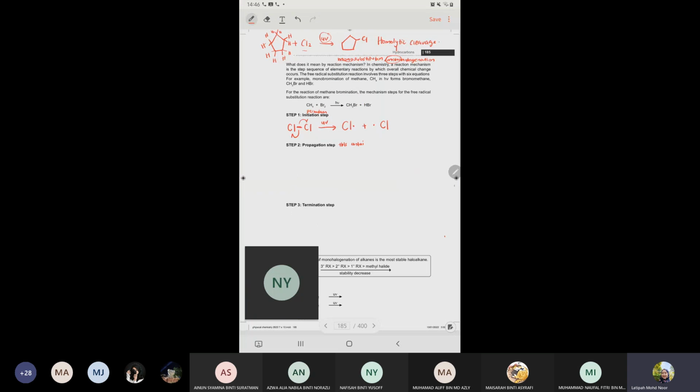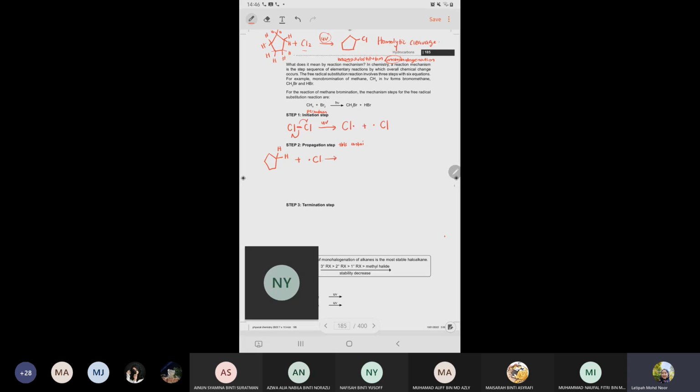So for the next step, we draw the structure of cyclopentane. We show the hydrogen and one of the carbons, plus the free radical of chlorine that we produced in step 1.